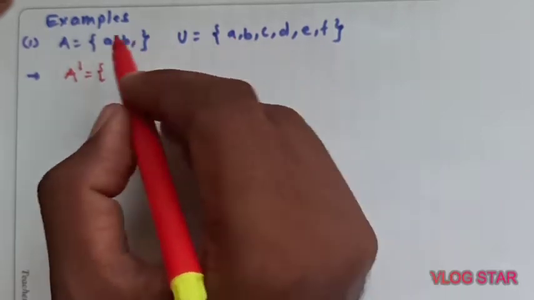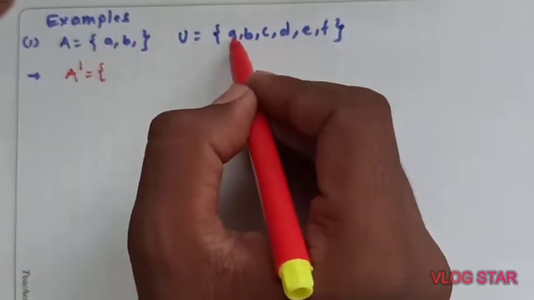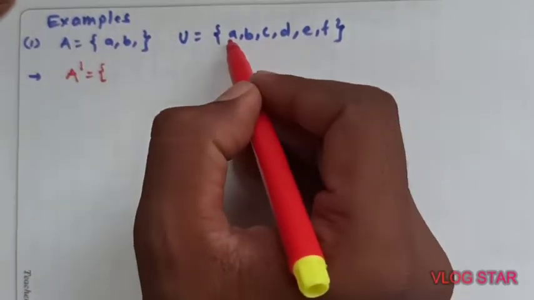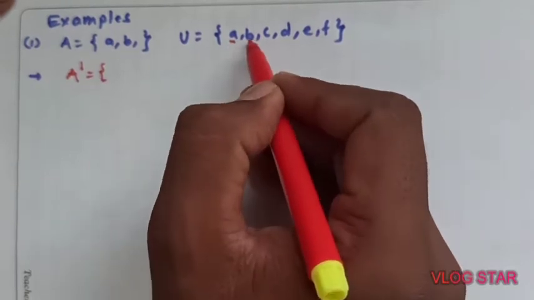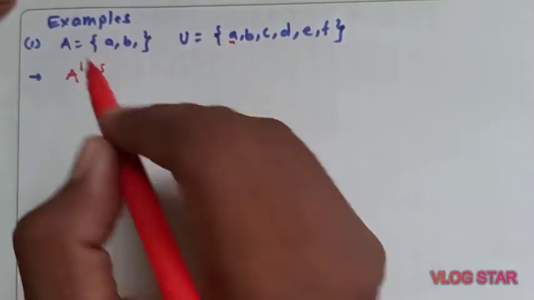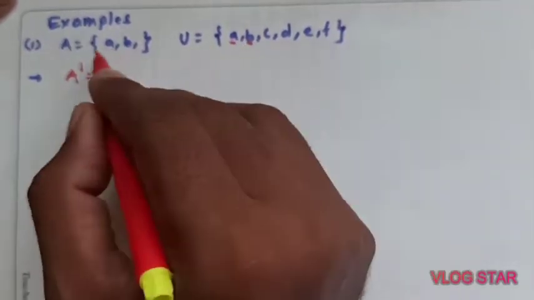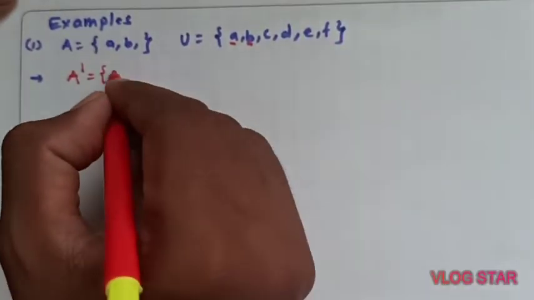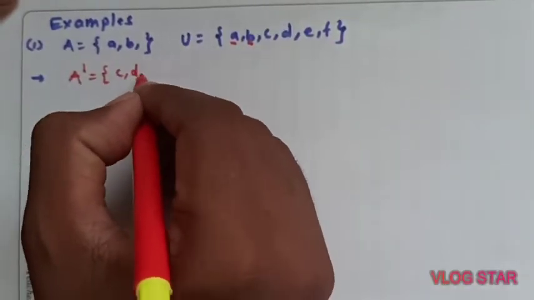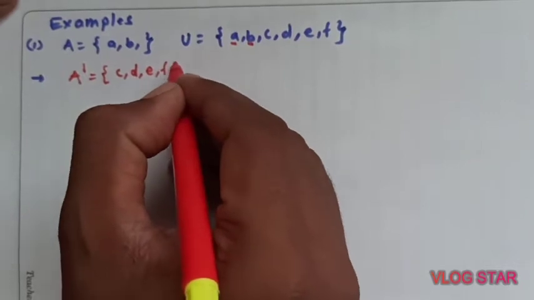Can I take a? No, a is in set A, so we'll avoid this. b I cannot take because b is in A. So leaving a, b, I can copy the rest of the elements c, d, e and f.